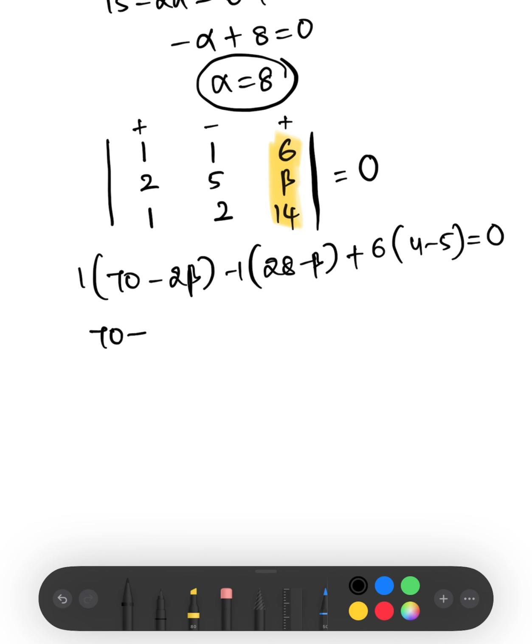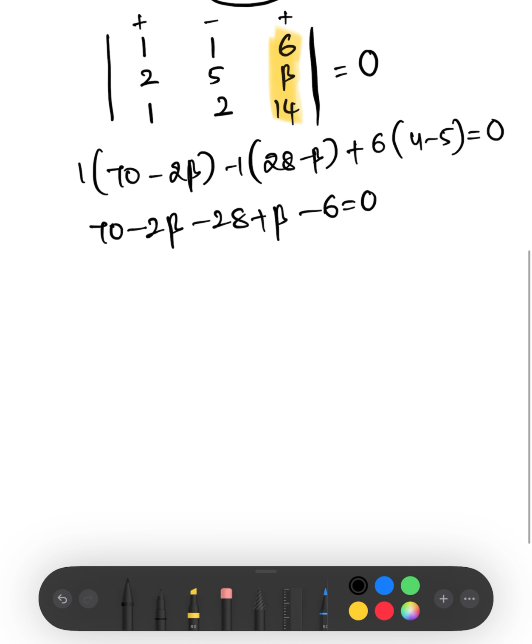So that it is 70 minus 2 beta minus 28 plus beta minus 6 equal to 0. Then clearly minus beta plus 36 equal to 0, that is 70 minus 28 minus 6 is 36, so beta equal to 36.